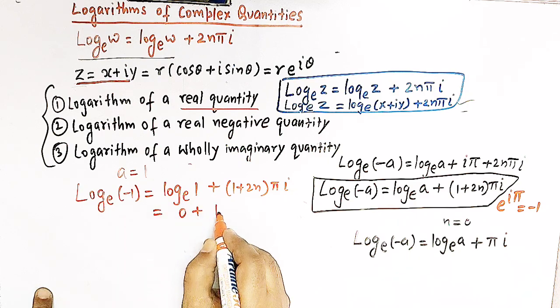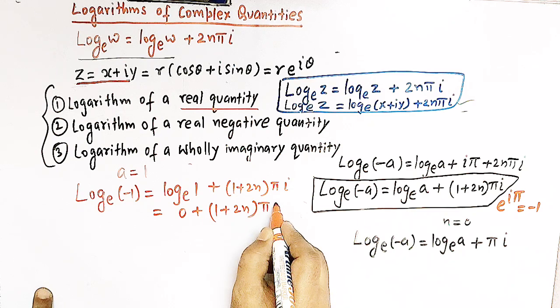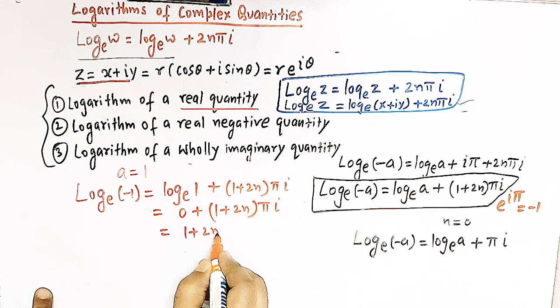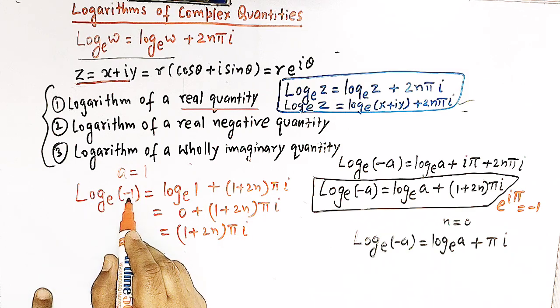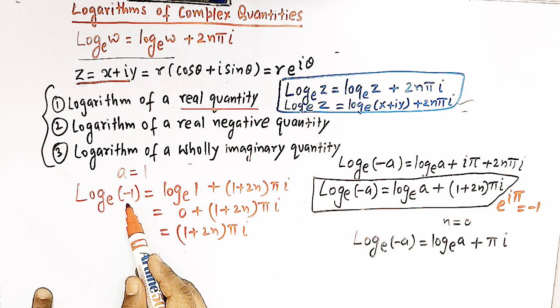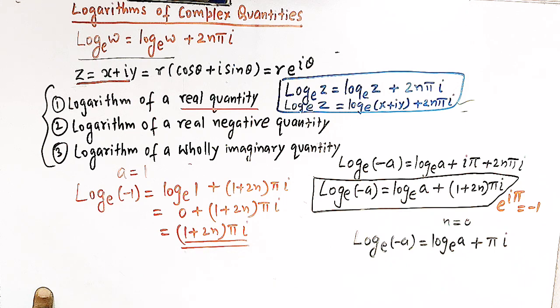So we have 0 plus 1 plus 2n pi I, that is 1 plus 2n pi I. So the logarithm of a negative real number is not defined in the set of real numbers, because this quantity is an imaginary quantity or a complex number. Because if we take n equal to 0, then we have pi I, and this suggests that the logarithm of a real negative number has an infinite number of imaginary logarithms.